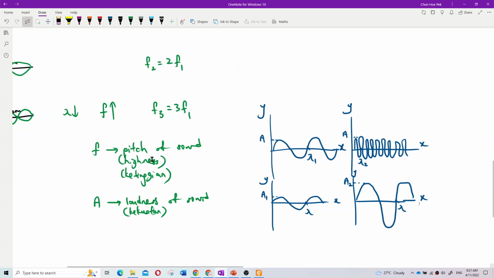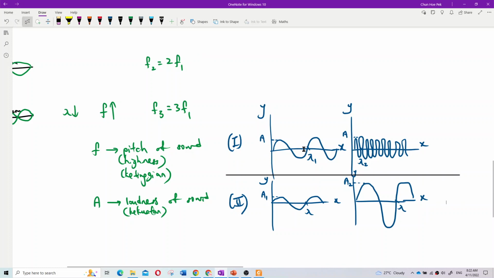Between the difference of highness and loudness. Okay, put this as situation number 1, and this one as situation number 2. So they are different a little bit. Okay, class.